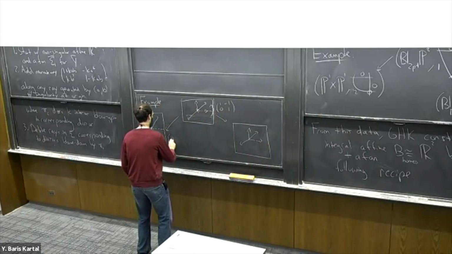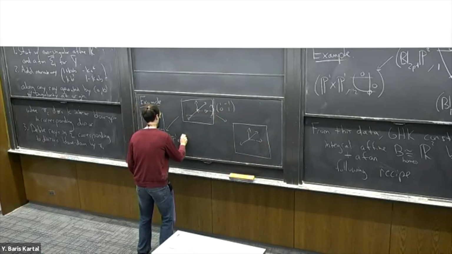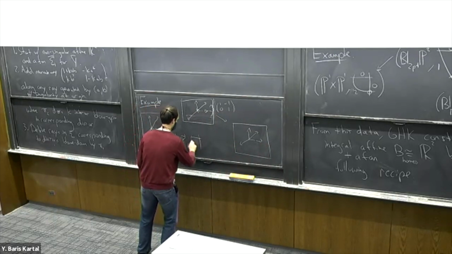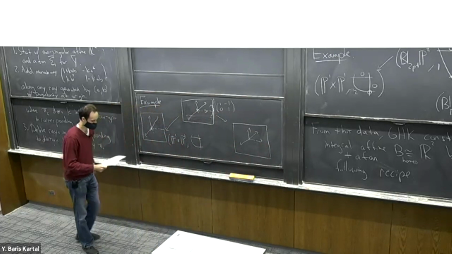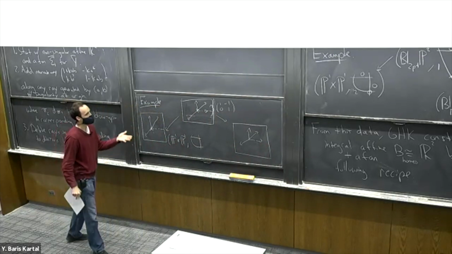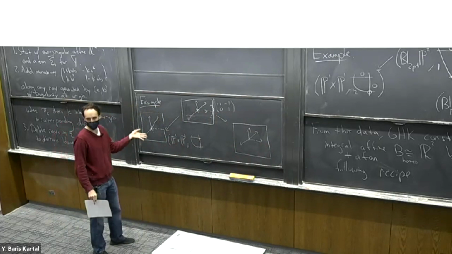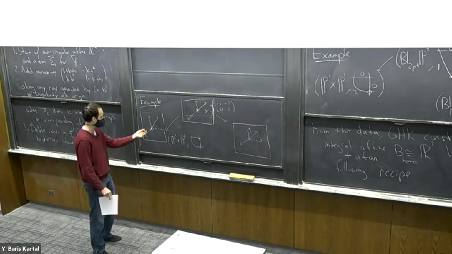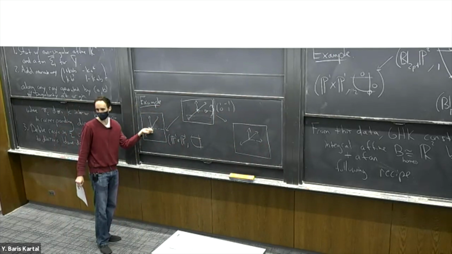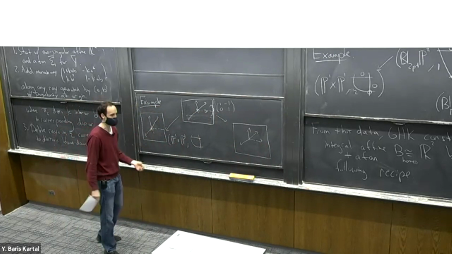So this is corresponding to P1 cross P1 with this. Okay, and if you had done more blowups in the interior, now you have some kind of complicated singularity at the origin. So that's what I mean by it's like the bird's eye view of the SYZ fibration, because everything is kind of pushed to the origin.